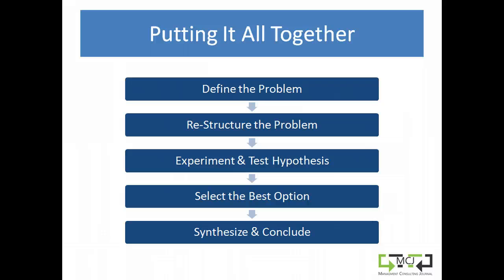And in the fourth stage, what we want to do is just brainstorm all the possible options that the client can take, and we select the best one based on CCR: the client's criteria for success, the constraints that the client is facing, and the risk associated with each option.